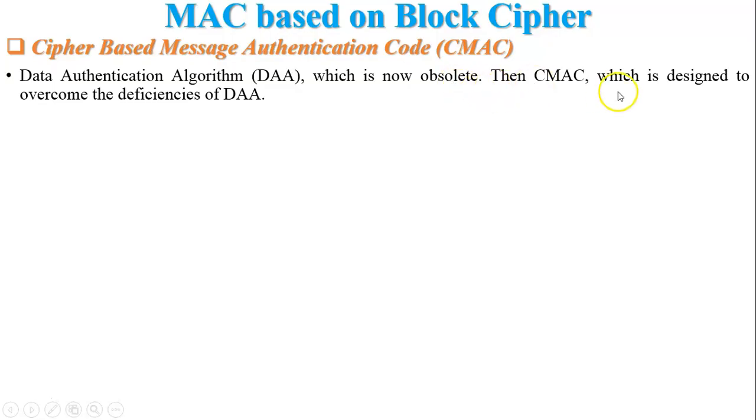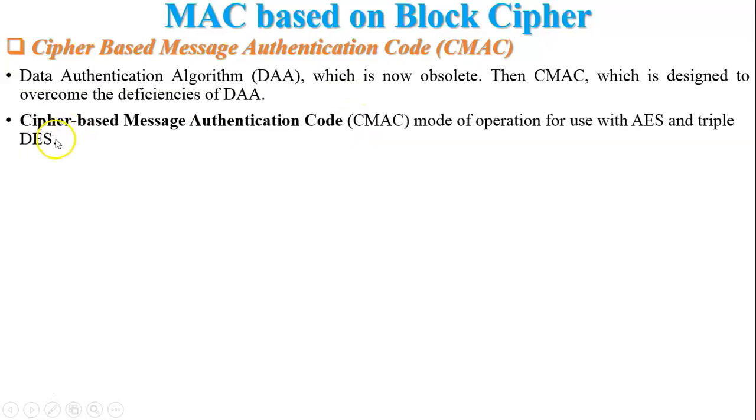CMAC is designed to overcome the deficiencies of DAA, so nowadays CMAC is widely used as the MAC based on block cipher. CMAC is a mode of operation for use with AES and triple DES. It gives more security in comparison to the data authentication algorithm.